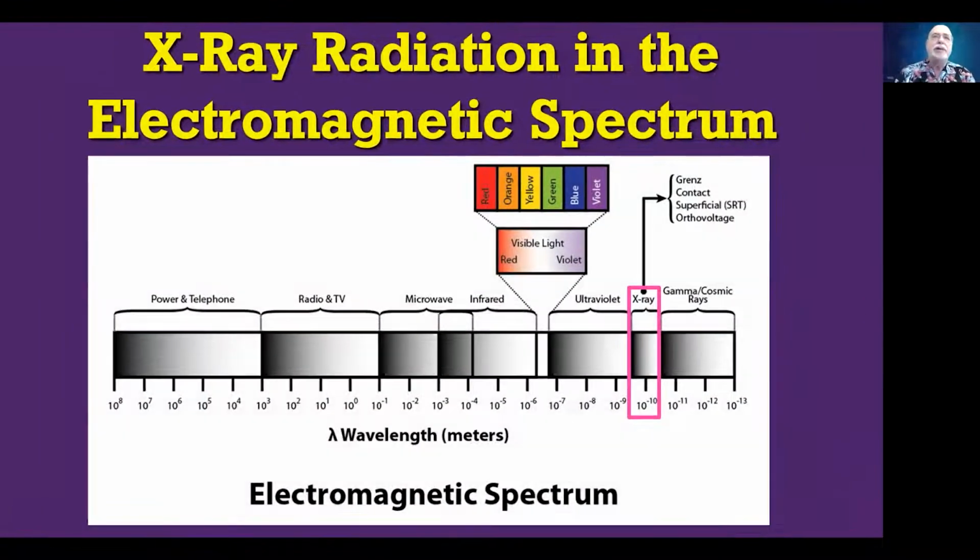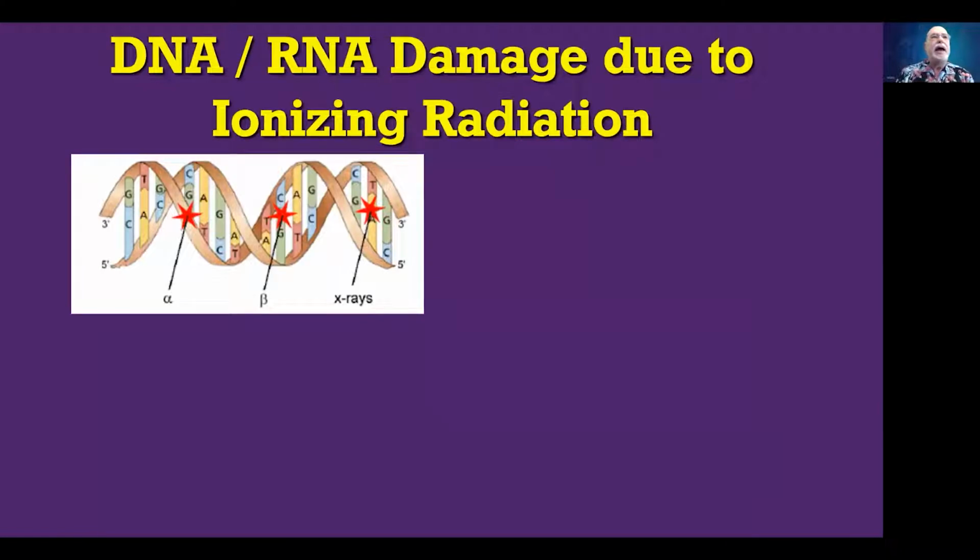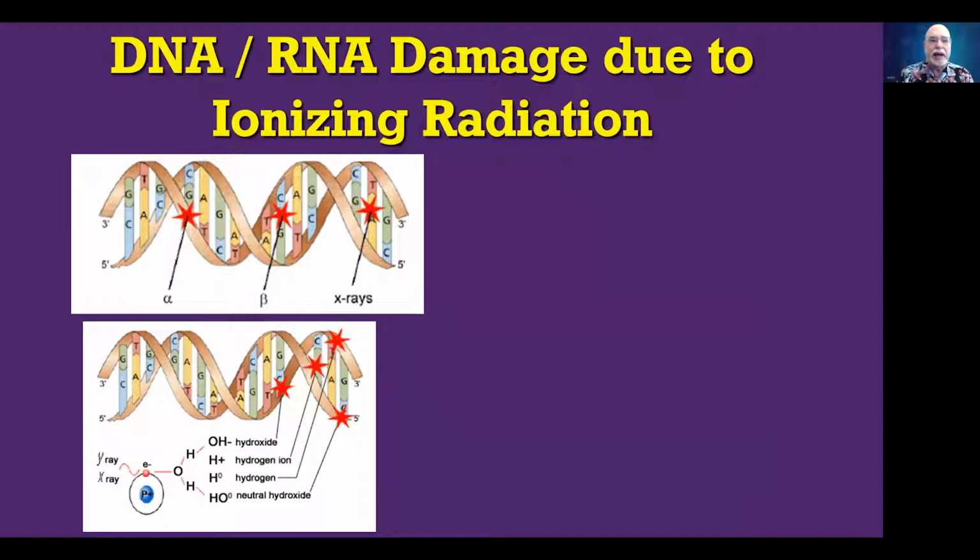Let me introduce you again to X-rays. X-rays with a wavelength of 10 to the minus 10th meters are just to the right of ultraviolet light in the electromagnetic spectrum. And X-rays are able to transfer their energy to RNA and DNA, causing splits in the backbone as well as crosslinks in the RNA and DNA.